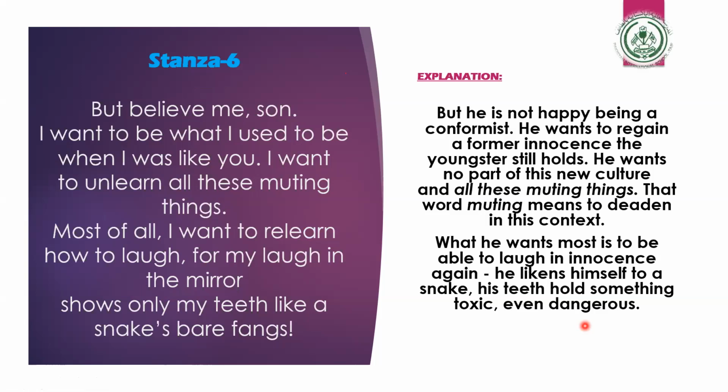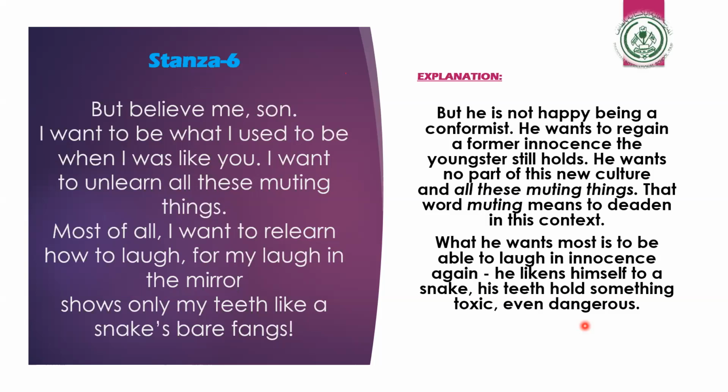Dear students, in these lines, the poet addresses his son by telling him that he really has a keen desire to get rid of the unwanted behavior of present day people. He wants to become what he used to be in his childhood, like him. He desires to forget about all the unexpressed bad things of present day people.